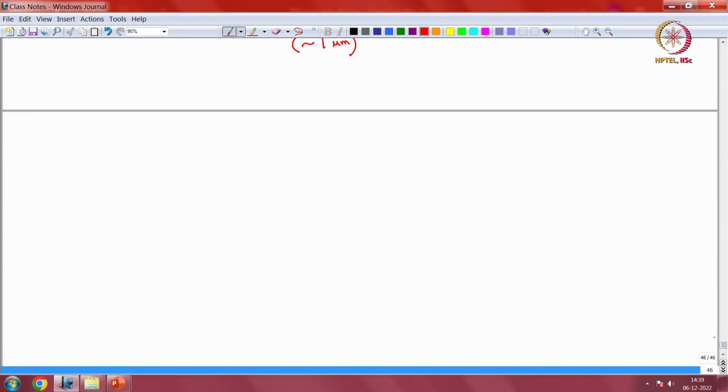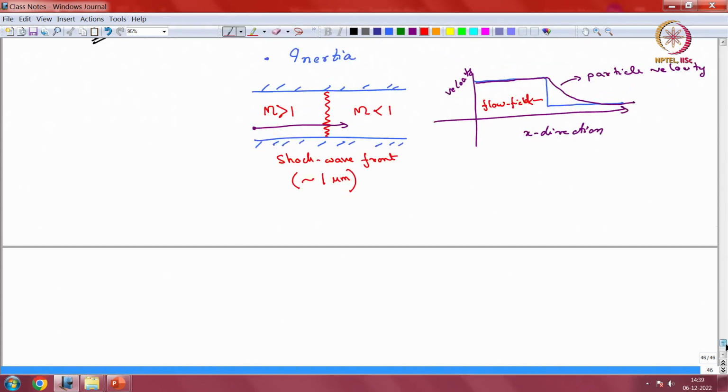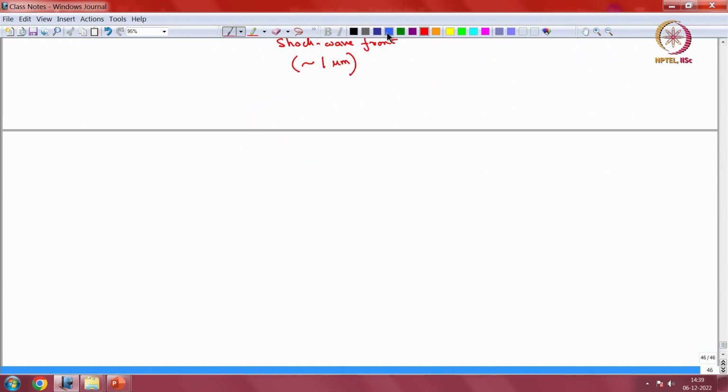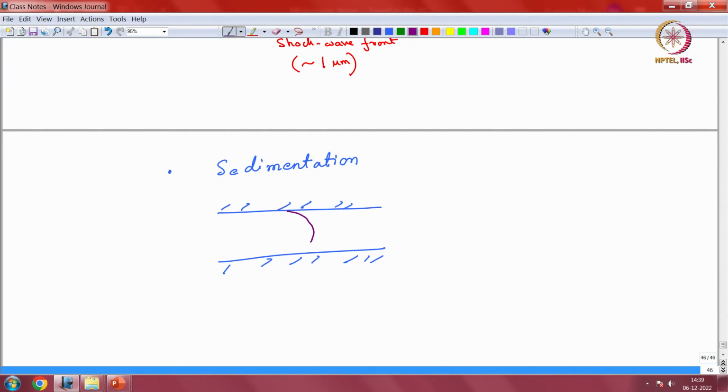Another problem that surfaces quite often is the problem of sedimentation. Again, I will take a particle in a channel. Let us say this time there is a parabolic flow through this channel. This is the underlying flow field, and some particle now has to follow this.